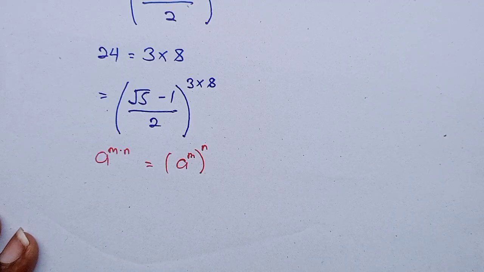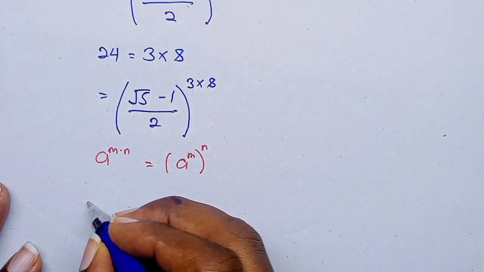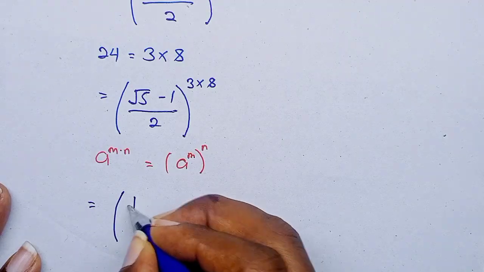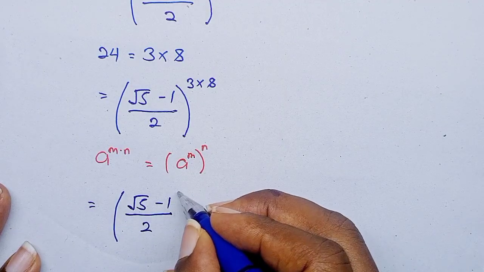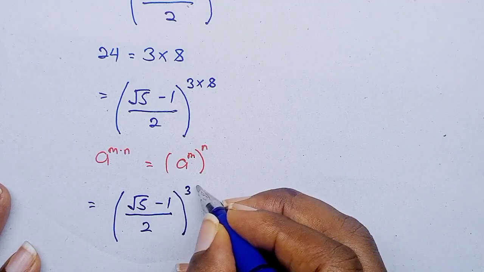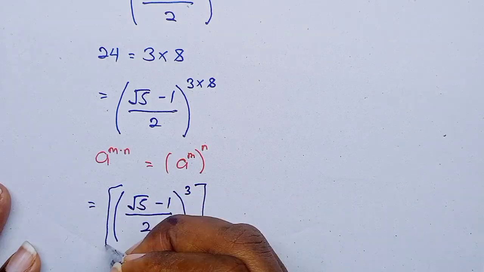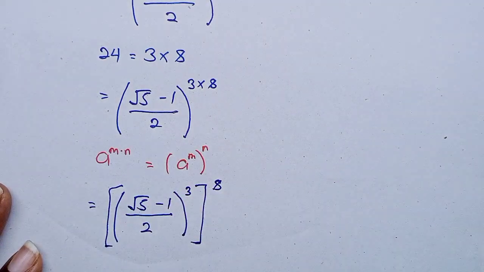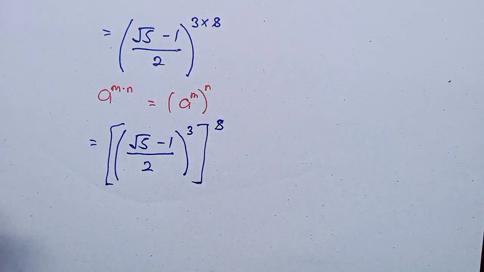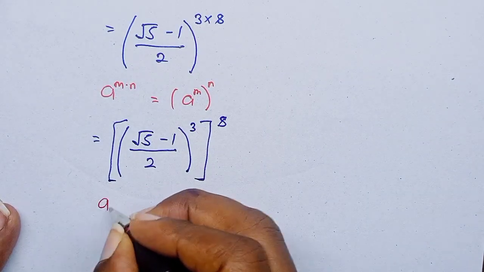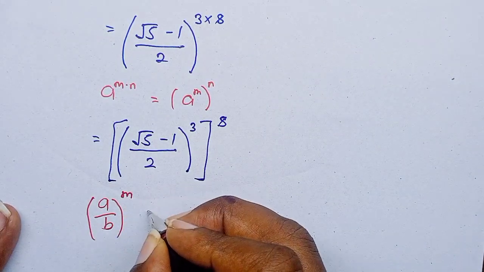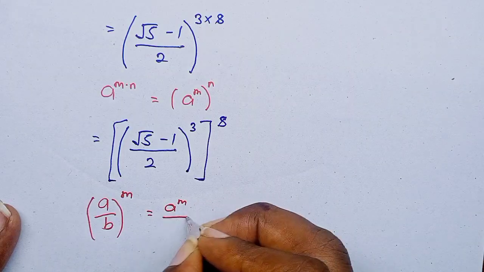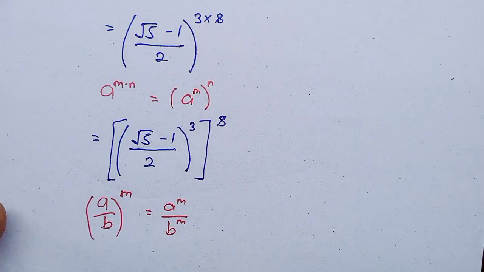Okay, so this here will be root 5 minus 1 over 2 to power 3, then all to power 8. Okay, also we know that a over b to power m is equals to a to power m over b to power m.